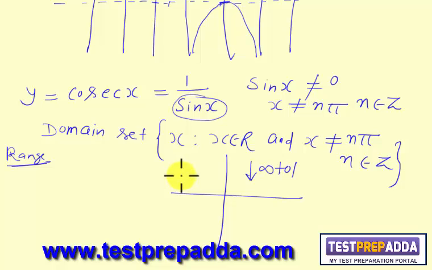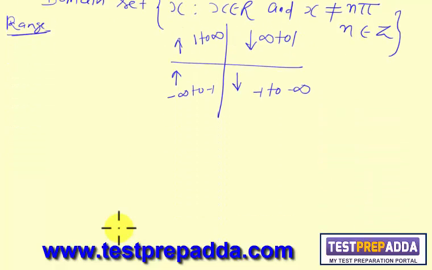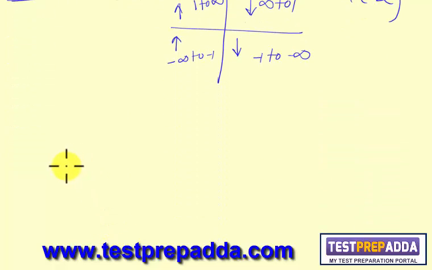In the second quadrant, it increases from 1 to infinity. In the third quadrant, it increases from minus infinity to minus 1. In the fourth quadrant, it decreases from minus 1 to minus infinity. This will help us in getting the graph.